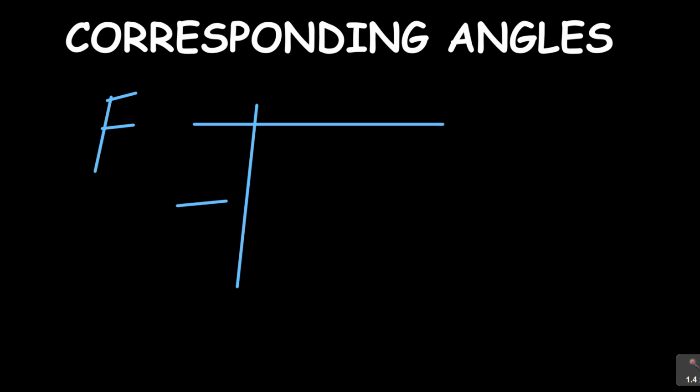You can see my letter F. To correspond, let's say I've got this line AB, and CD. There is a condition for corresponding angles. First of all, look for parallel lines.